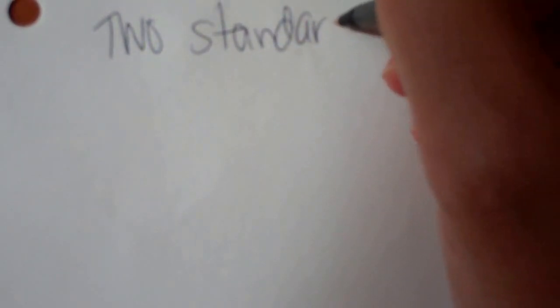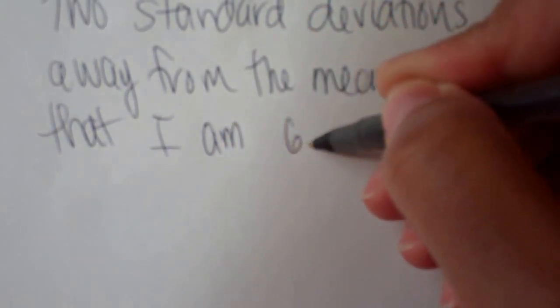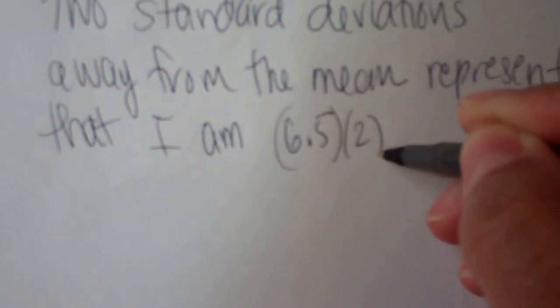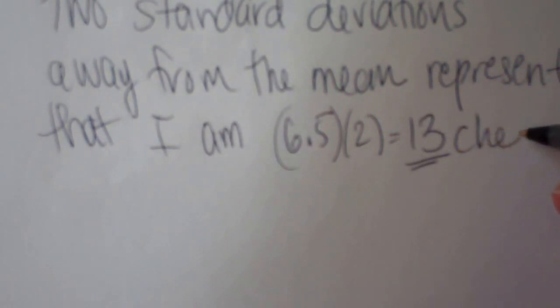If I'm 2 standard deviations away from the mean, it represents that I am 6.5 times 2, which is 13 Cheetos away from my mean of 17.17 Cheetos.